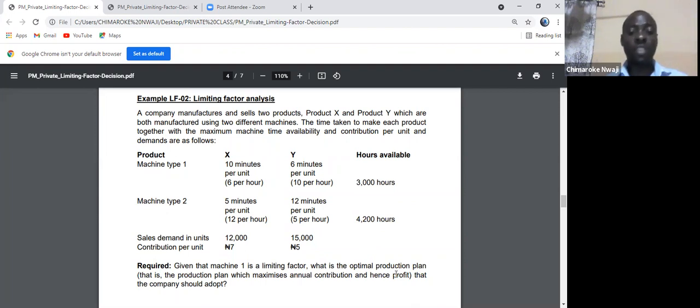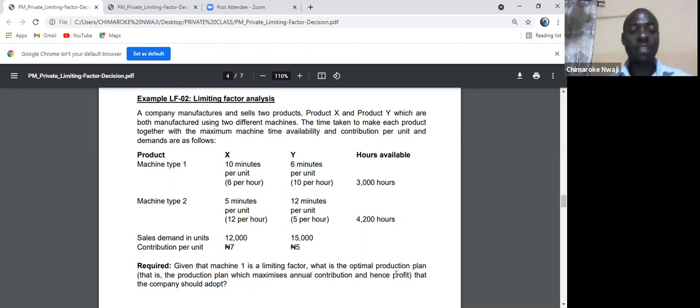Now, did you notice here that there is contribution per unit here of 7 naira in product X and 5 naira in product Y? This was missing in the first question because it was not needed for us to identify the scarce resource. Did I say there is only one difference? No, there are more than one difference.